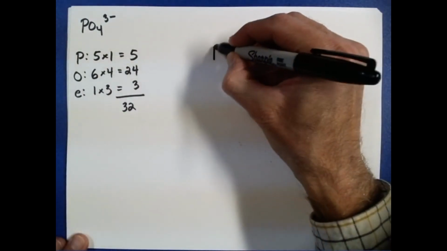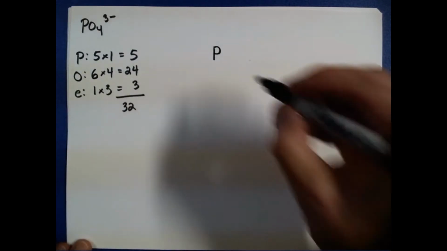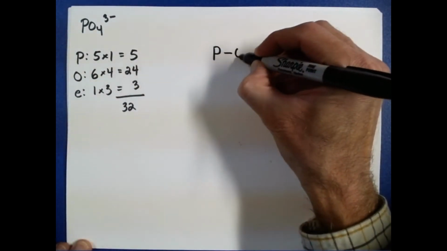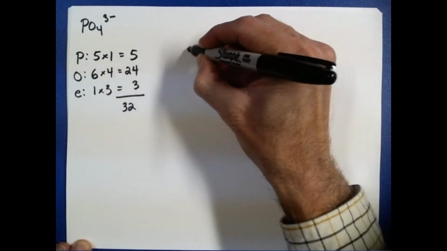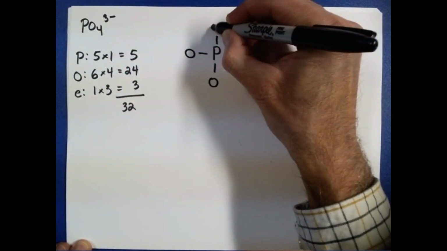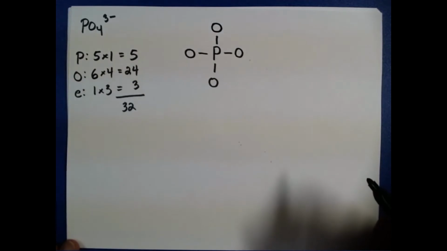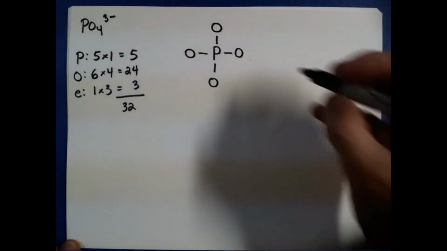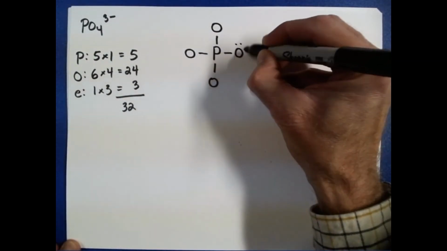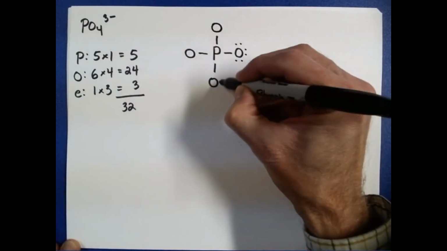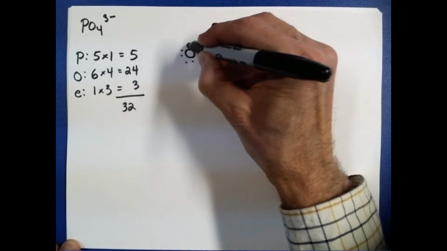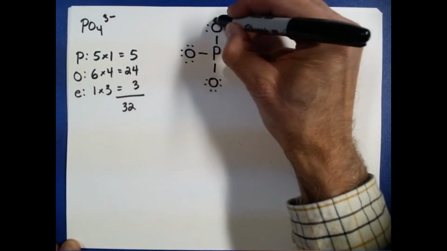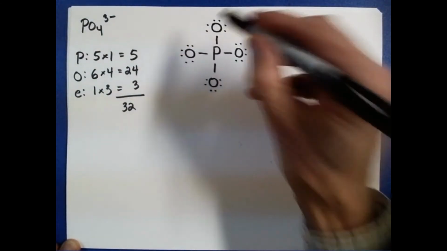All right, so I'm going to draw my central atom, which is a phosphorus. I'm going to draw single bonds to my terminal atoms like this. And now I'll satisfy my terminal atoms with a stable octet: 2, 3, 4, 5, 6, 7, 8 for each oxygen.